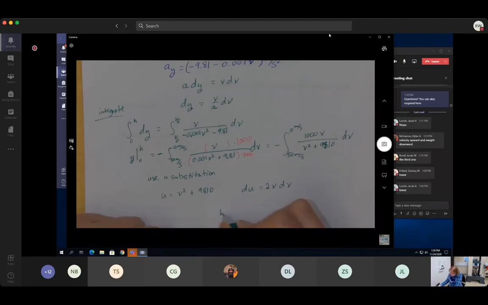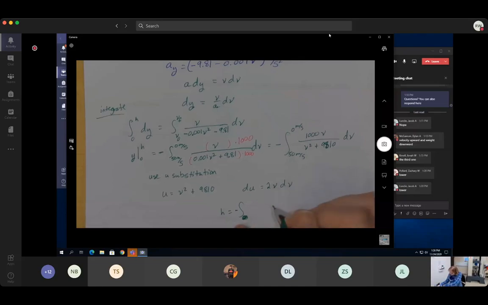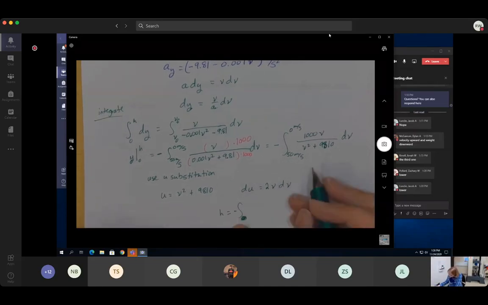So we now have h equal to the integral. Let's see, we'll go ahead and ignore what our limits are for now, because they'll have changed. But now on the denominator, we have just u. At the top, we said du is equal to 2 times v. So we really, in the top now, have 500. And we're integrating with respect to du.